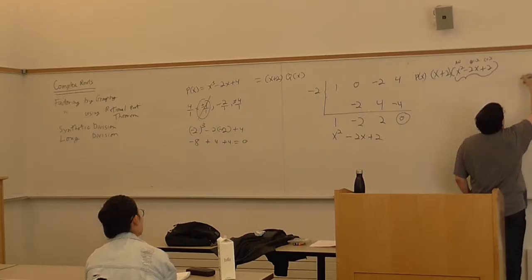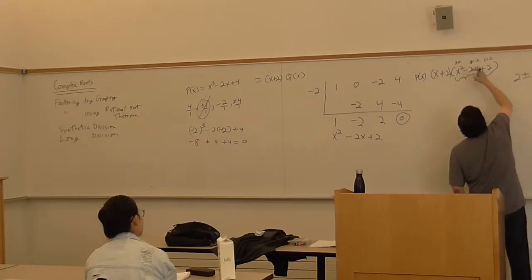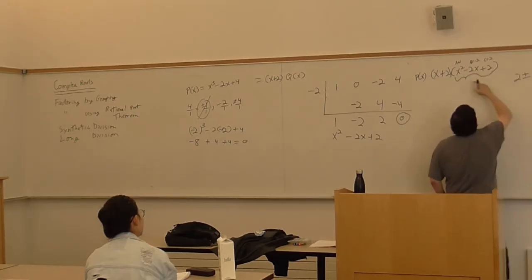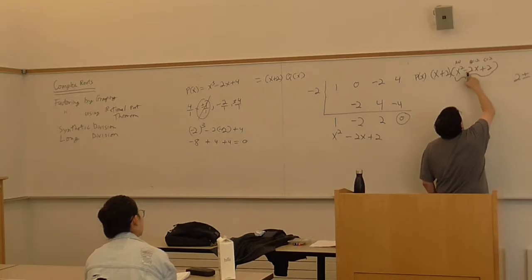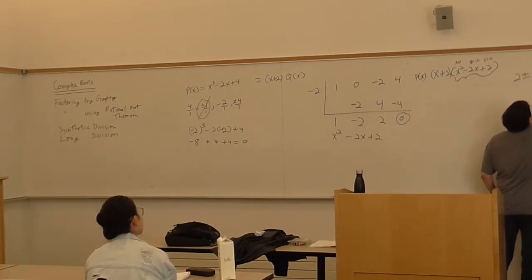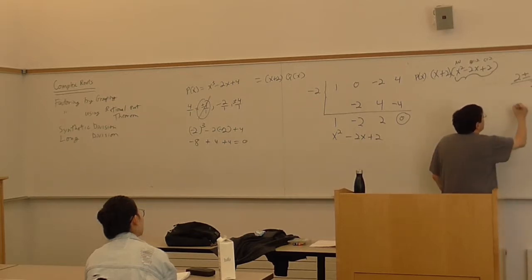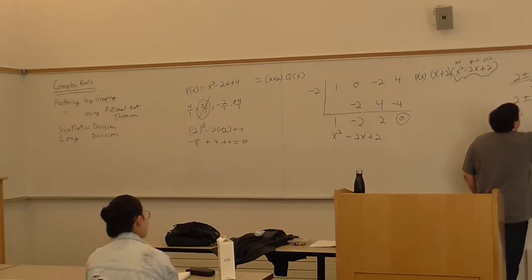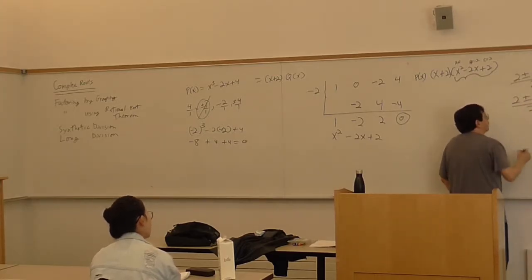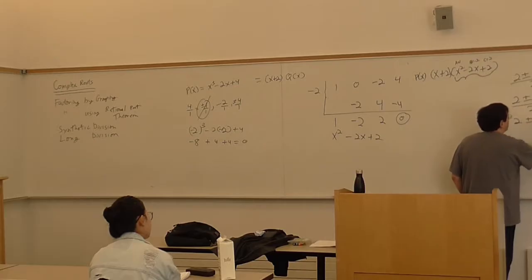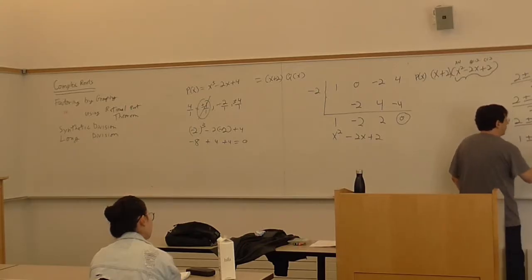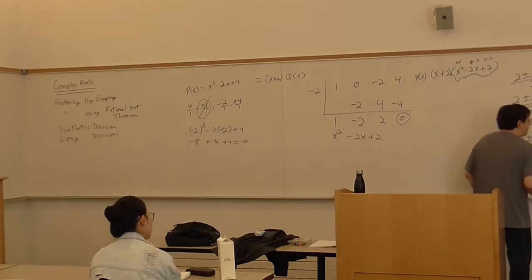So minus B is 2 plus or minus the square root of B squared, 4, minus 4AC, minus 8, all over 2A. 2 plus or minus the square root of minus 4, over 2. 2 plus or minus 2 square root of minus 1 over 2. Or 1 plus or minus the square root of negative 1, which is, of course, 1 plus or minus i.